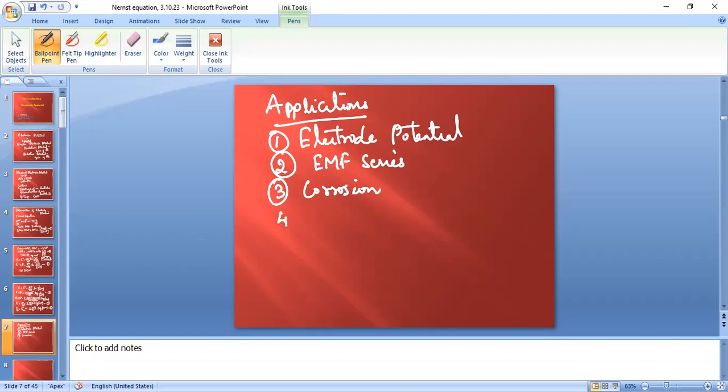Similarly, you can choose the anode and the cathode if you know the electrode potential, which is determined mathematically using the Nernst equation. A metal which undergoes oxidation generally acts as the anode, and a metal or any element which undergoes reduction acts as a cathode. These are the general applications of the EMF series.